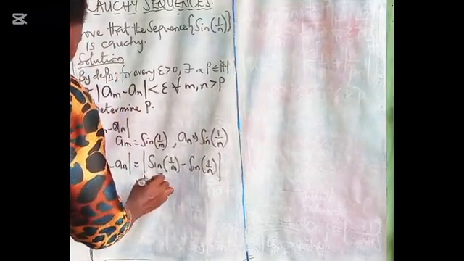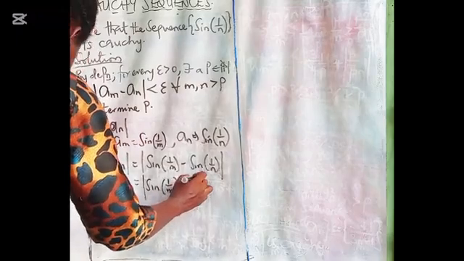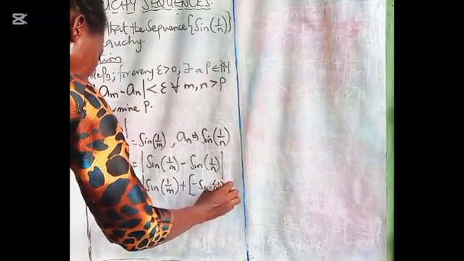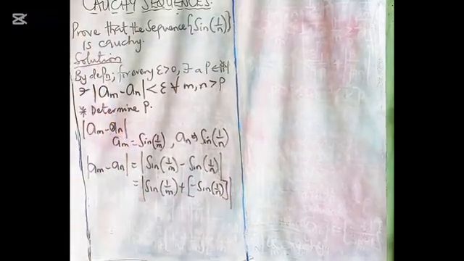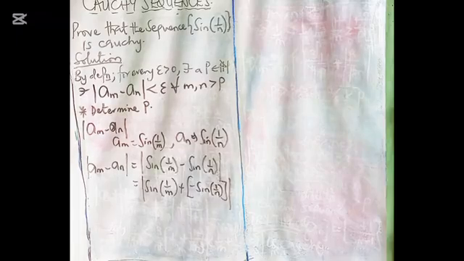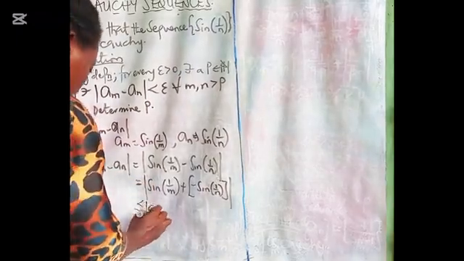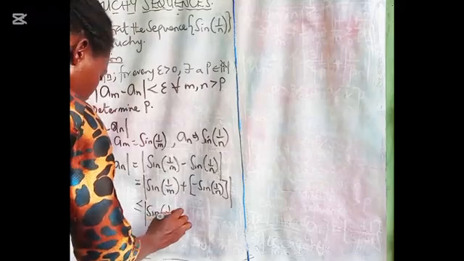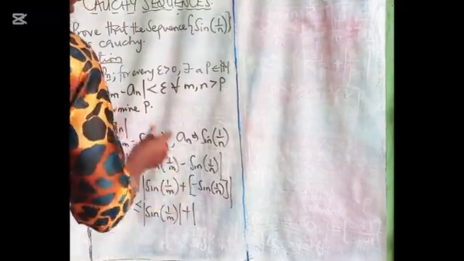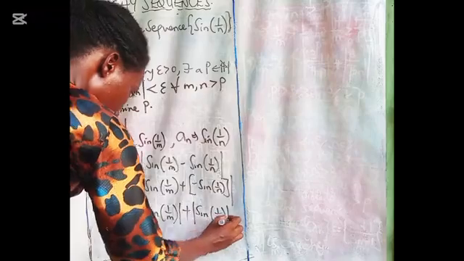And this is equal to the sine of 1 over m plus the minus sine 1 over n. And by the time we break this down using triangle inequality, this is less than or equal to the absolute value of sine 1 over m plus the absolute value of sine 1 over n; the absolute value takes care of the minus.